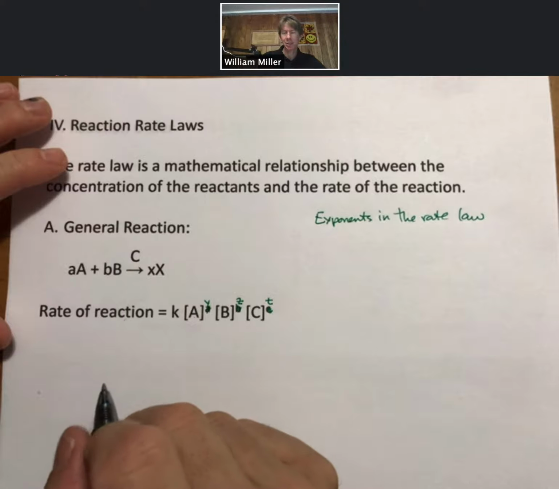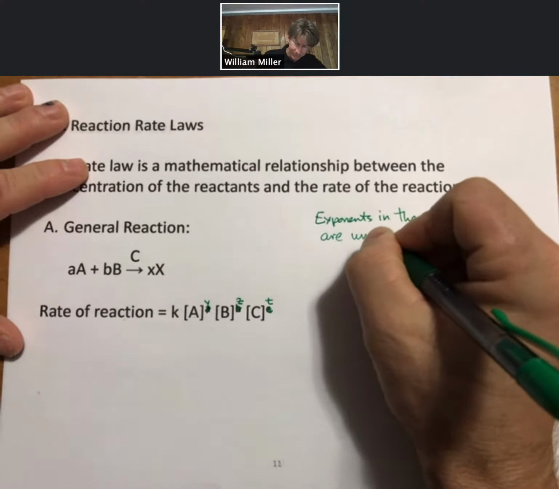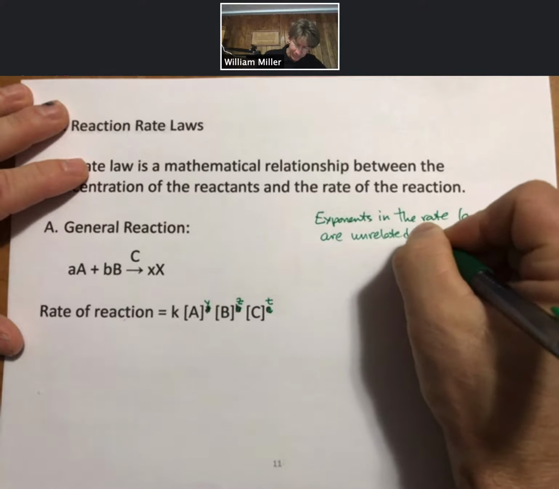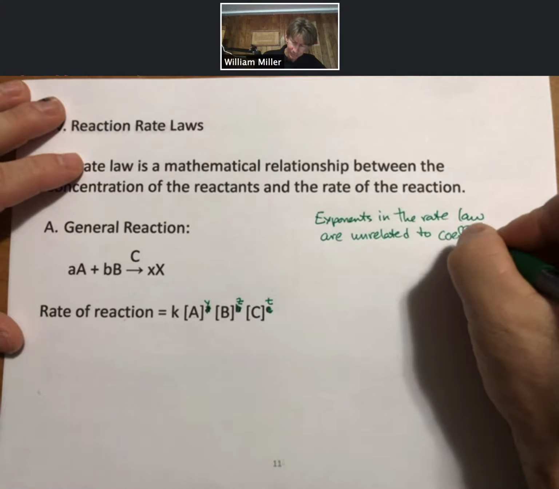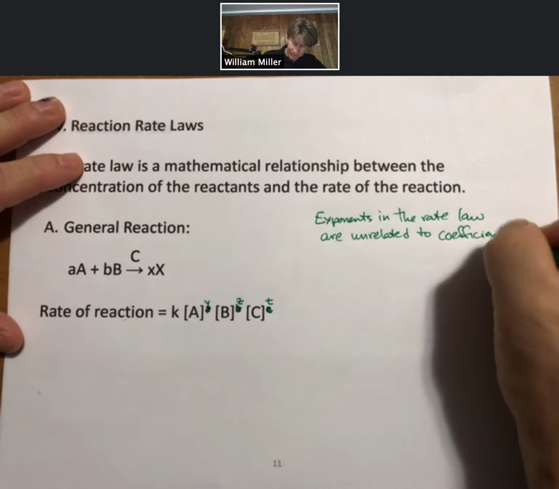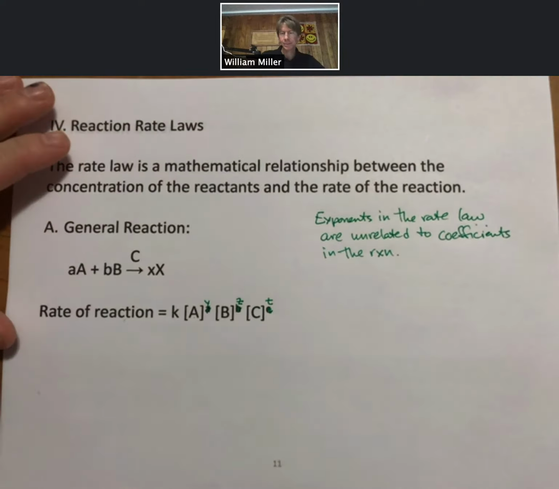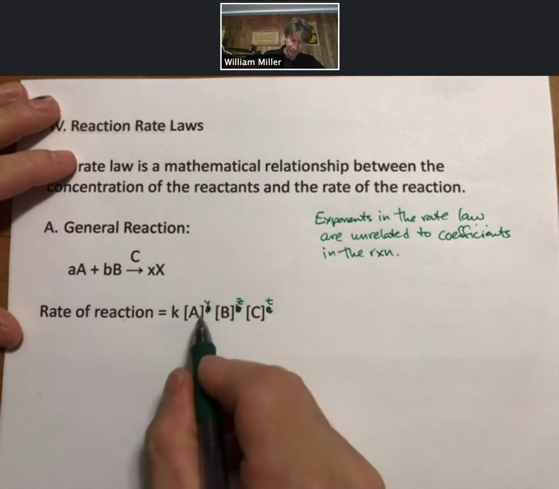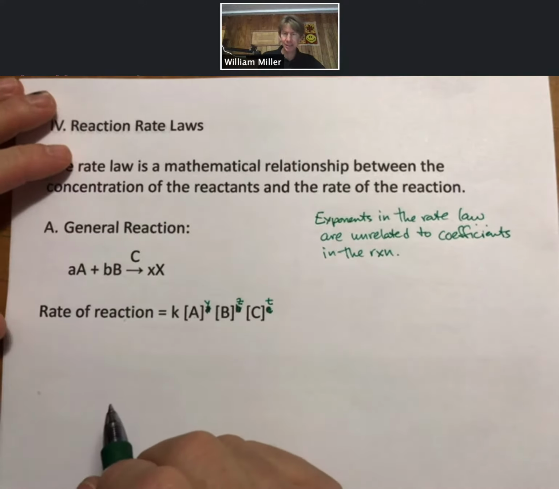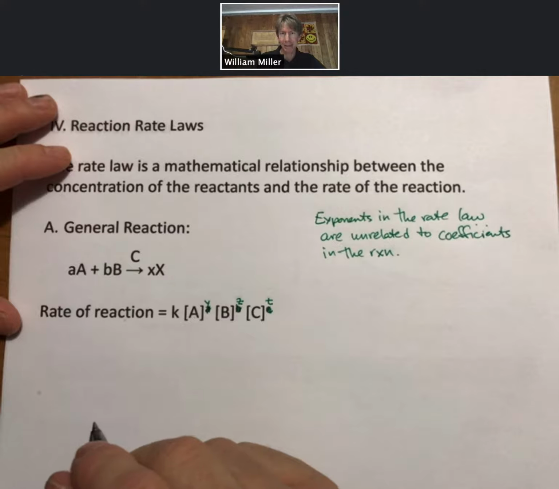So let's say this, exponents in the rate law are unrelated to coefficients in the reaction. And sometimes they turn out to be the same, but the process for finding the exponents in the rate law is entirely unrelated, and it is entirely data-based.